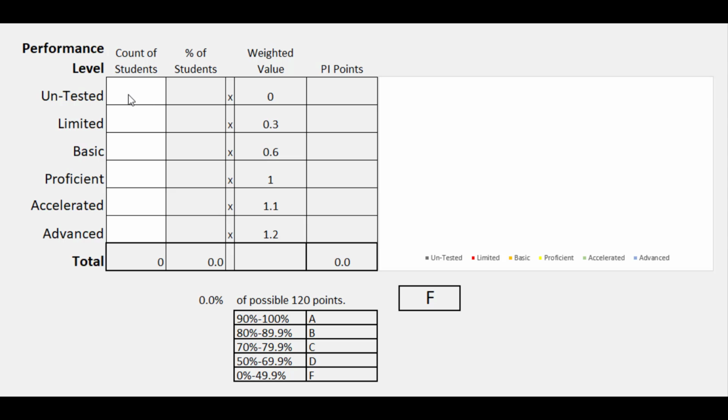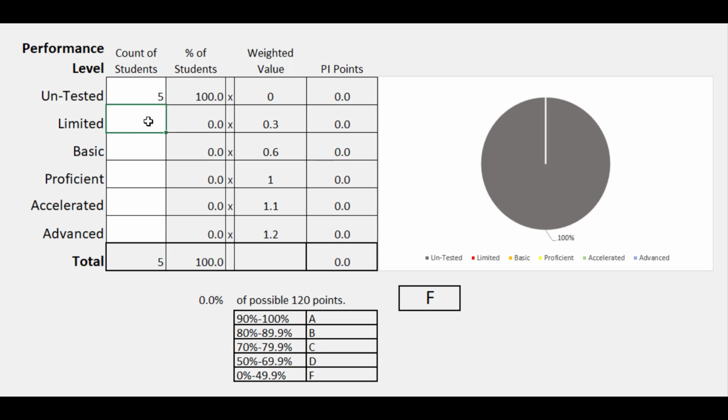So in this example that I'm going to show, we're going to say that we had 5 students that didn't take the test. Those 5 students are worth 0 points, but they're added into the denominator as students that should have been tested.